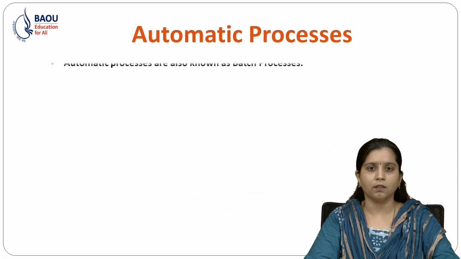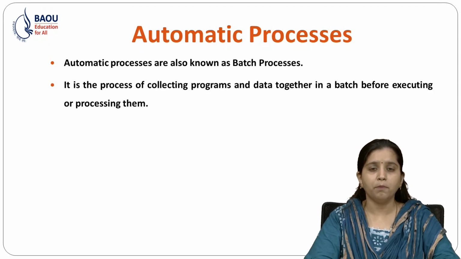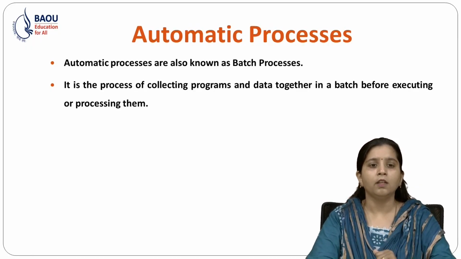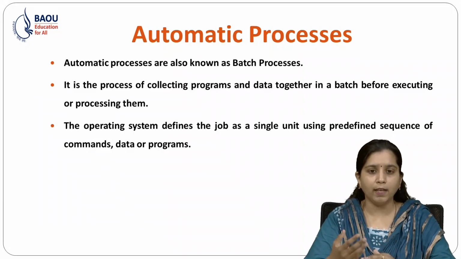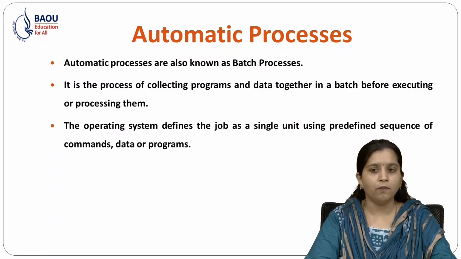Automatic process. Automatic processes are also known as batch processes. It is the process of collecting programs and data together in a batch before executing it on the CPU. The operating system defines the job as a single unit using a predefined sequence of commands, data, or programs.